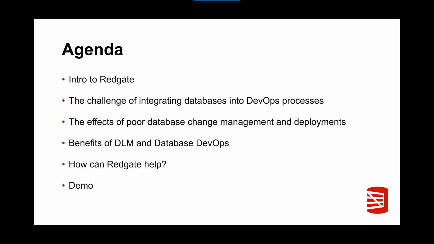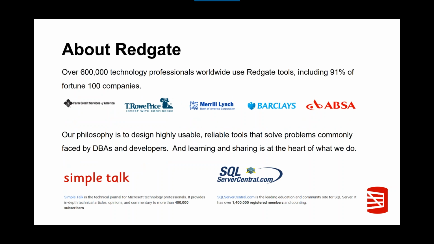It's all going to be better if you set up these kinds of methodologies. And then we're going to talk about how Redgate can help you do that. And then we get some pretty cool demos to run through for you. So that's the agenda. Hopefully you guys are sticking around for it.